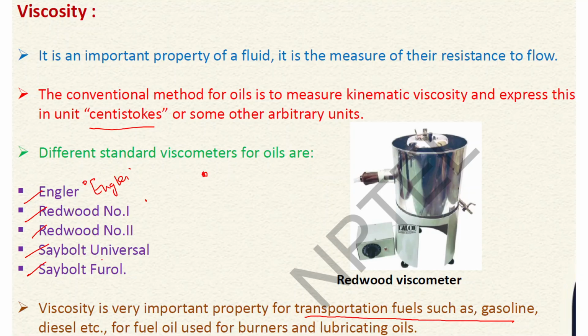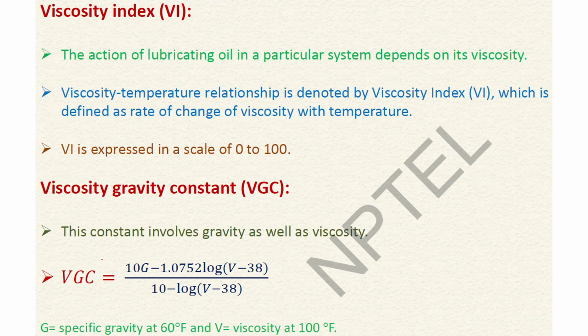It will not be able to enter into the working parts, the two moving parts of a machinery. And if its viscosity is very low, then it may easily drip out of the moving parts, thus defeating the whole idea of lubrication.